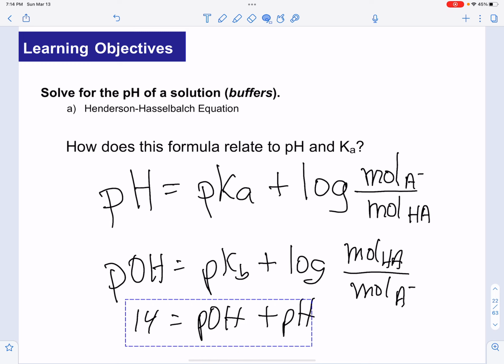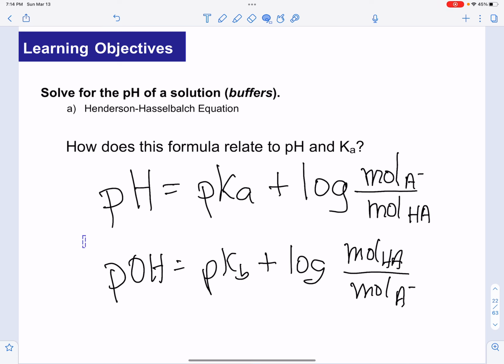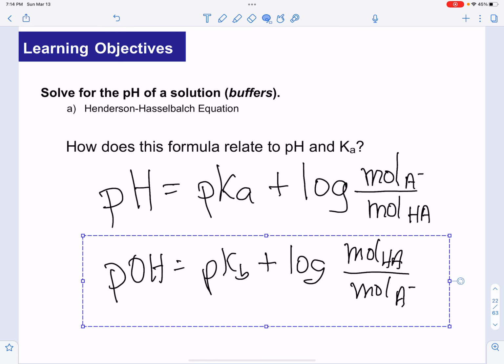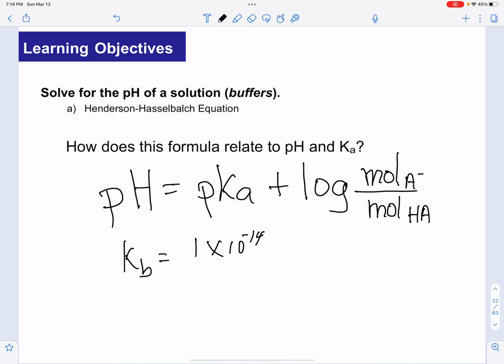Alternatively, you can totally forget about this variance of the formula, and if you're given the Kb instead of the Ka, you can say that 1 times 10 to the minus 14 divided by Ka equals Kb.